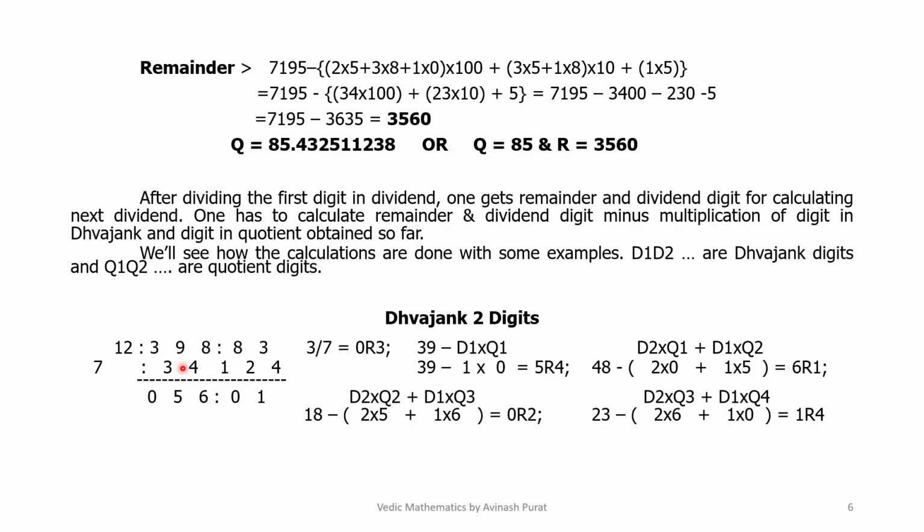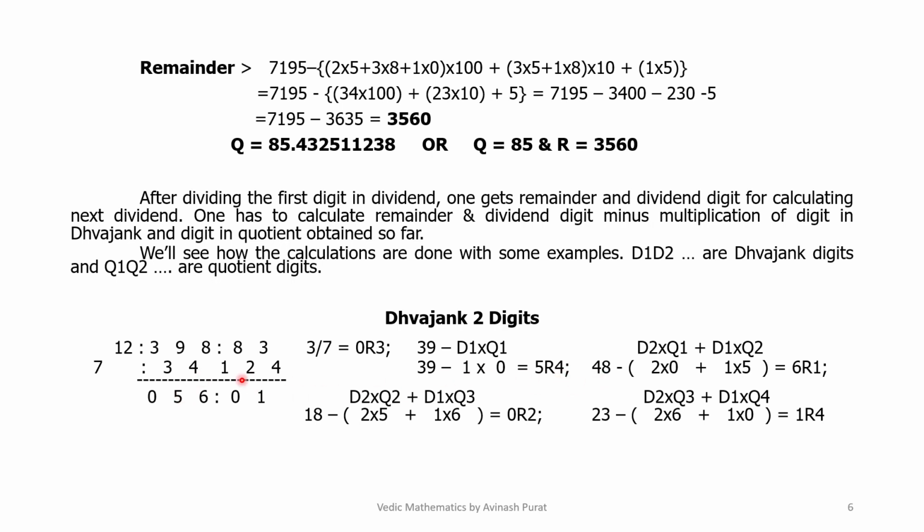So next dividend 39 minus D1 into Q1. So 39 minus 1 into 0, that is 39 equal to 5 as quotient and 4 is remainder.